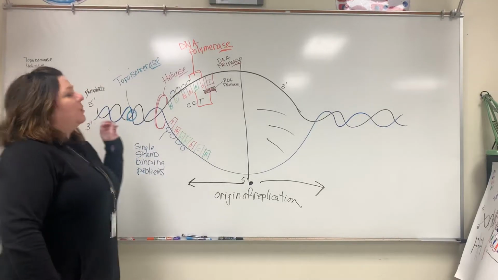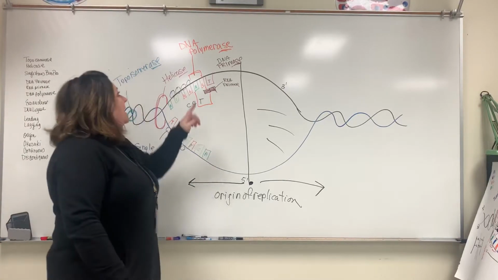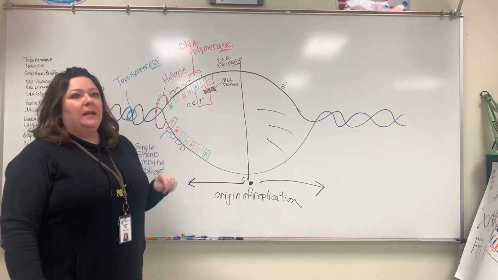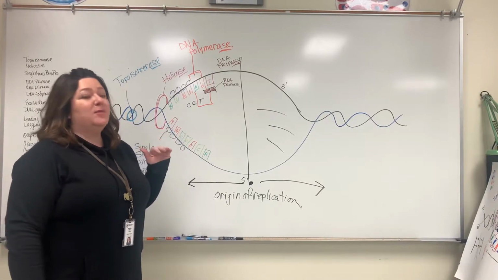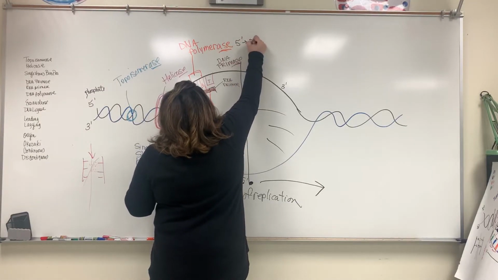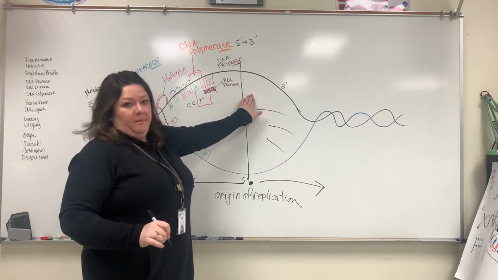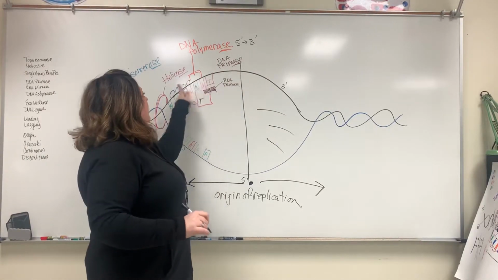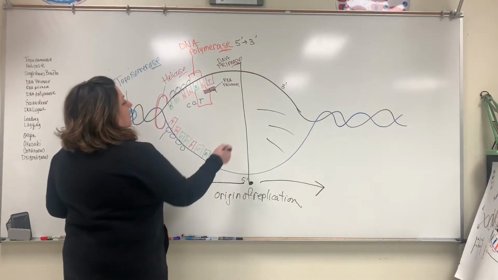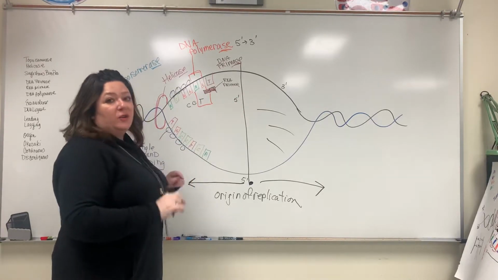Okay, so here's where it gets a little tricky in terms of how things work. DNA polymerase will only build a strand of DNA from the 5' to the 3' end. So we're going to go 5' to 3'. Now, if this is the 3' end of this strand, we are building an anti-parallel one, which means that this is the 5' end of the new strand, right?